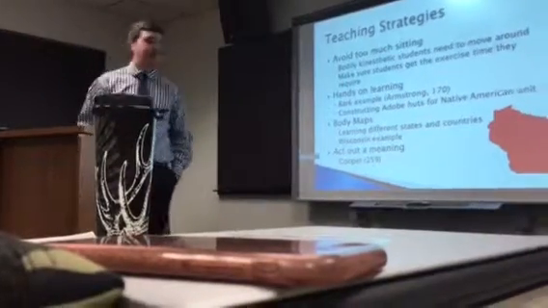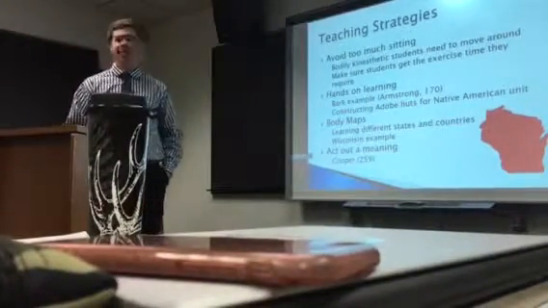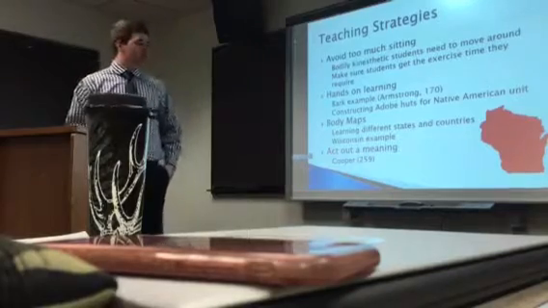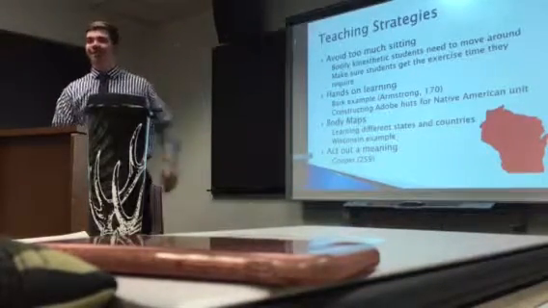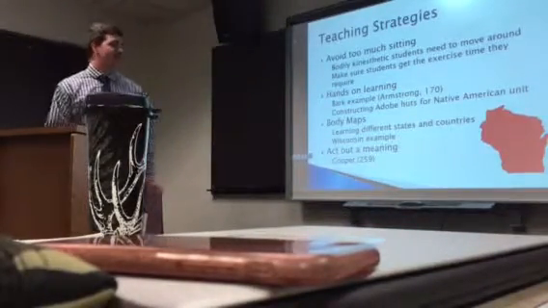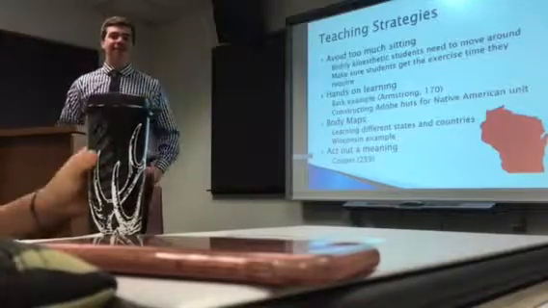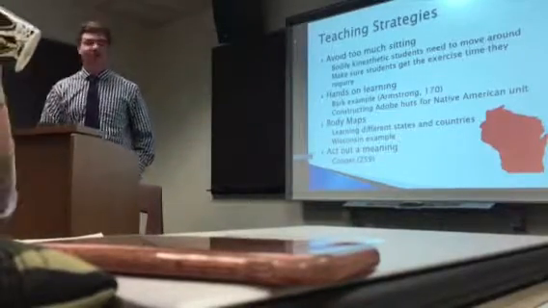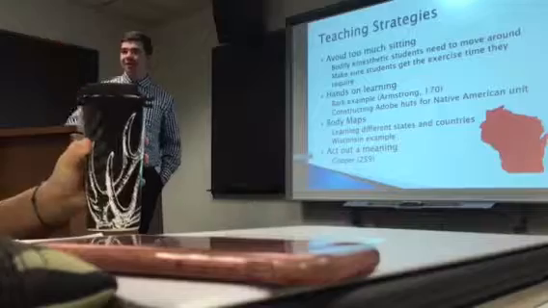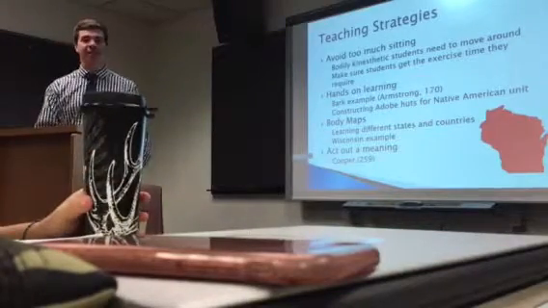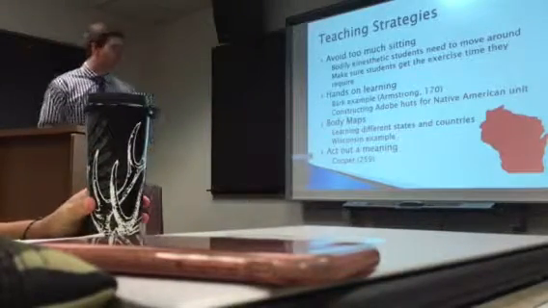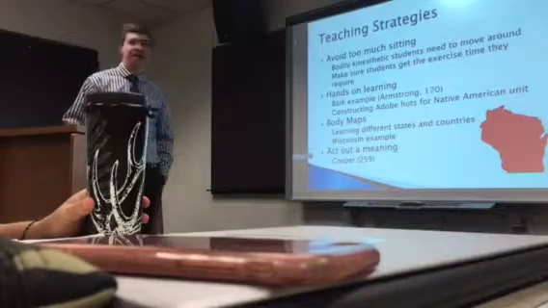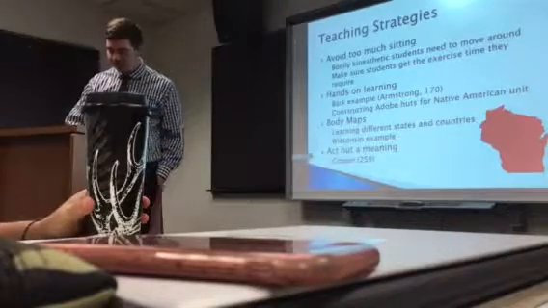And an example I learned growing up is that Wisconsin kind of looks like a hand. That's one of the ways I knew what the state of Wisconsin was when I was younger, because it looks like that. Those are things that bodily kinesthetic students will understand. And also again, acting out a meeting to help them remember.